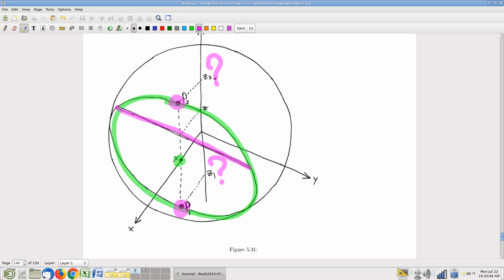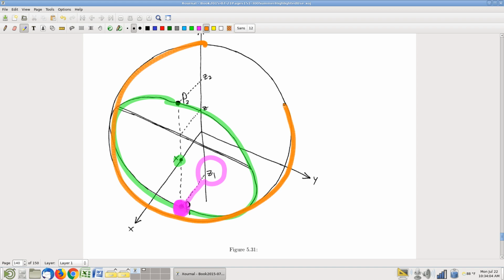There is a nice trick in this example, which is let's get to actually describing what I know about these points. Let's look at the lower point here. What is that coordinate? What do I know about this point? Well, I know a couple of things. For one thing, it's on the sphere.